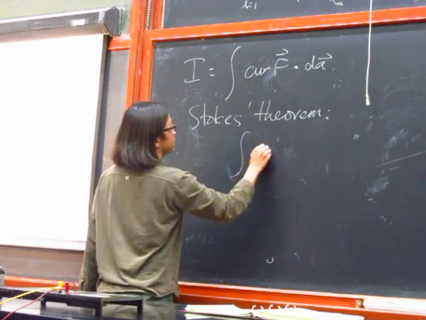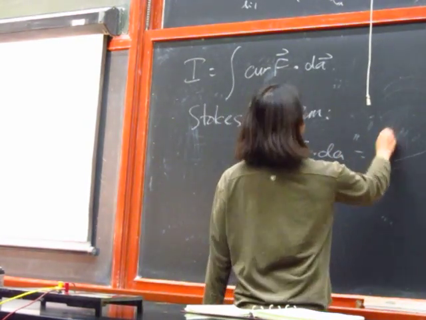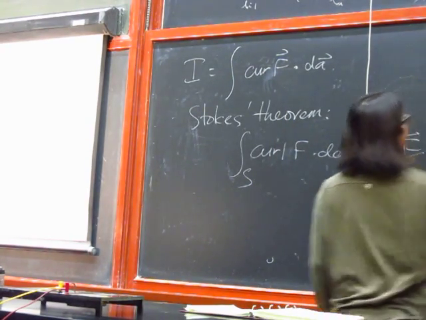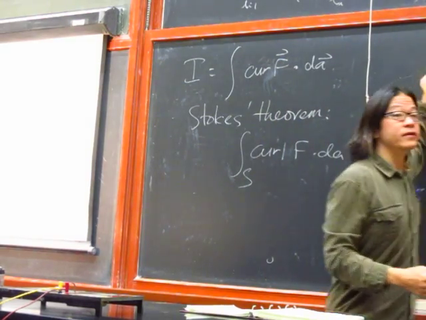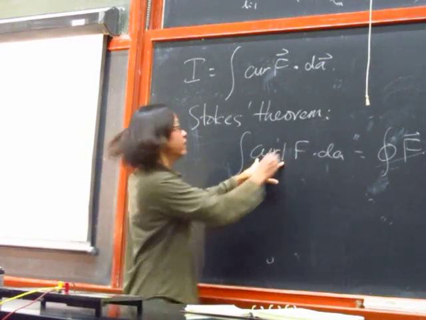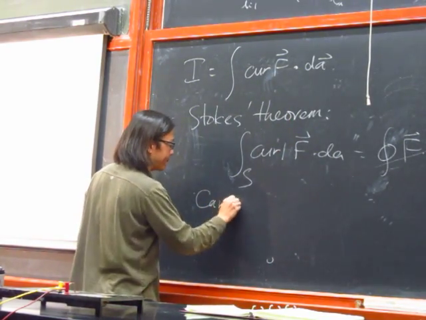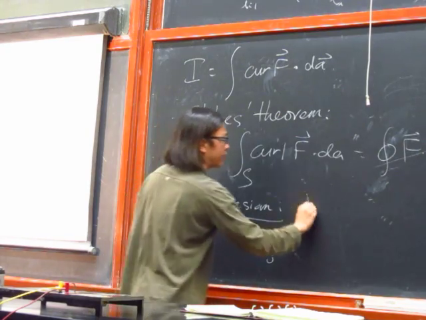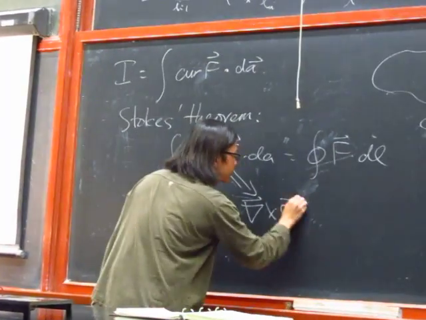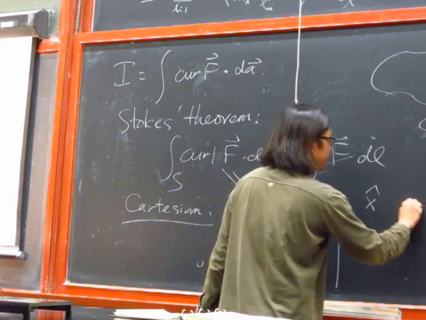The integral of the curl of F dA over surface S is equal to the line integral of F over C. So I can convert a line integral over the perimeter into a surface integral of this quantity called the curl of F. And in Cartesian coordinates, the curl of F can be written as this, and this is given as a determinant of the following.